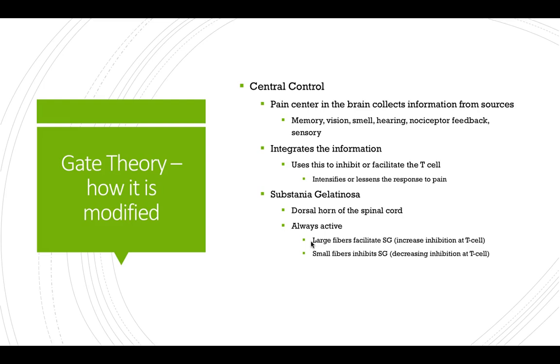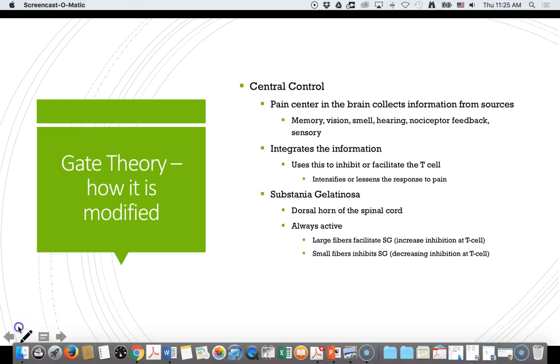So again, those answered so many questions. But we still have these ideas and the ways that we felt pain and experienced pain that weren't really answered. That still did not really explain how your previous experience with pain would affect it. And so gate theory has now been modified, again, to look at what's called the central control theory of pain.